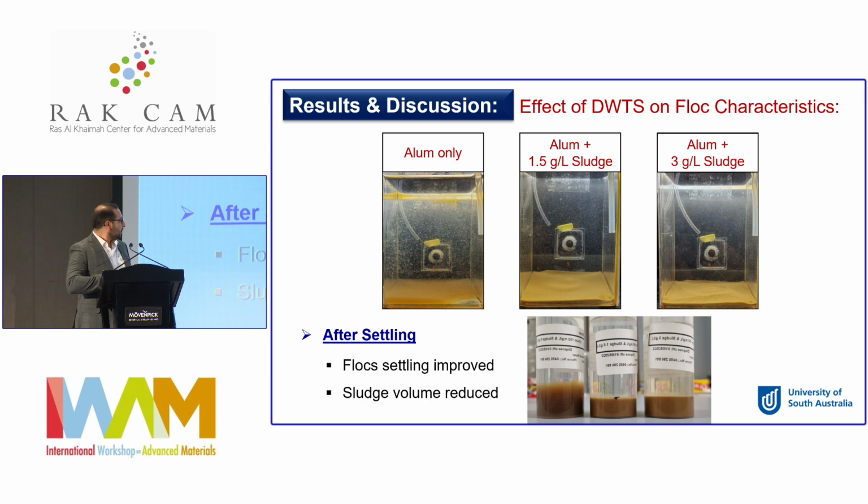And when we collect the produced sludge from the jars, we can see that the volume of sludge reduced significantly by using the powder, which means the sludge becomes more compact and it will improve the dewatering process and save more cost as well.